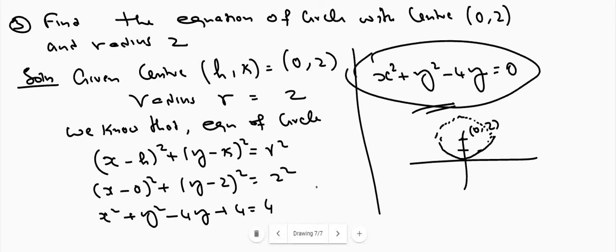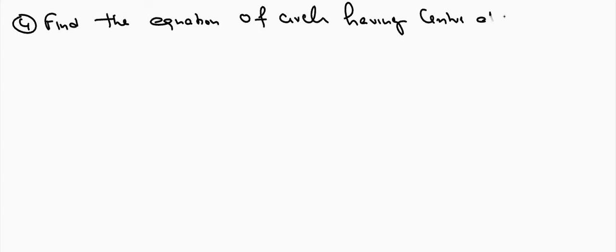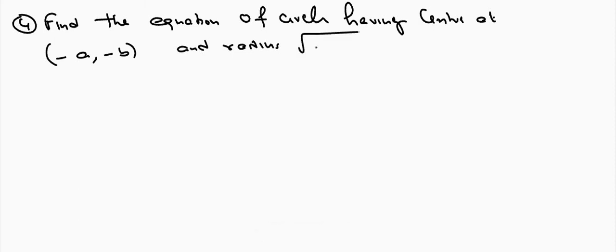Next, question number 4. Find the equation of the circle having center at (minus a, minus b) and radius root of a square minus b square.